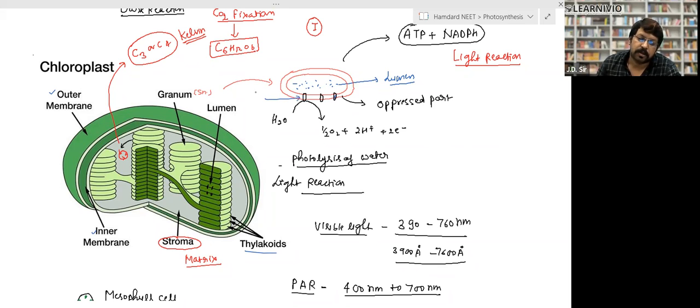With the help of these molecules, the reaction takes place.